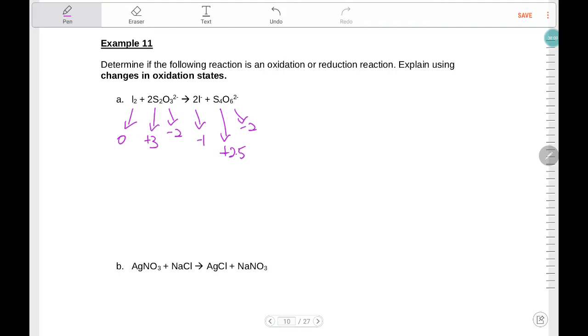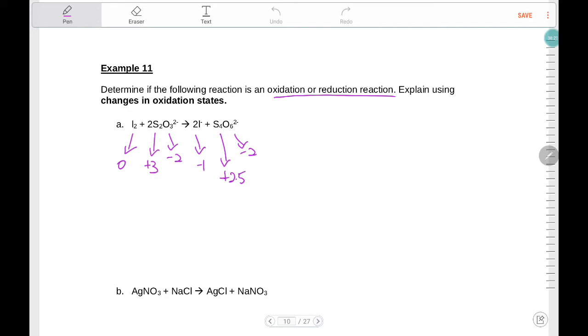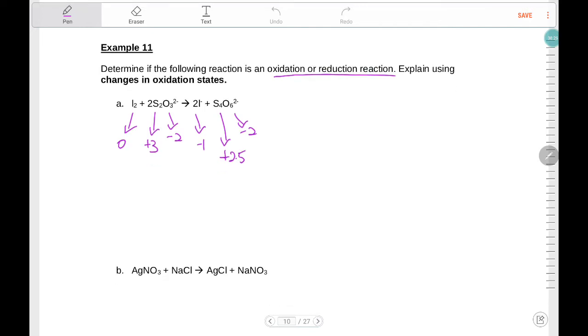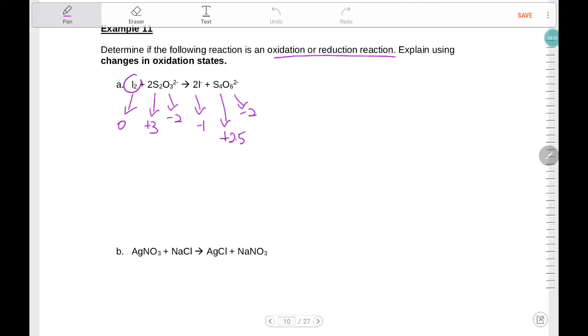Same thing, but now the question is asking in a slightly different way. Determine if the following reaction is an oxidation or reduction reaction. Previously, they were asking who is oxidized, who is reduced. But in this case, they want to know, is this oxidation or is this reduction? So clearly, I2 to I minus, this is reduction, since your oxidation number has decreased.